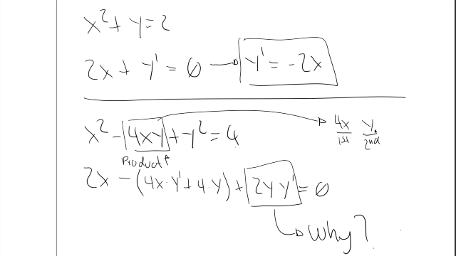As you remember, the product rule says that we're going to have the first one, being 4x, multiplied by the derivative of the second one, and we agreed earlier that the derivative of y is going to be y prime, so that's why you see 4x being multiplied by y prime, plus the derivative of the first one, and you know that the derivative of 4x is 4, multiplied by the second one, and the second one is simply y.